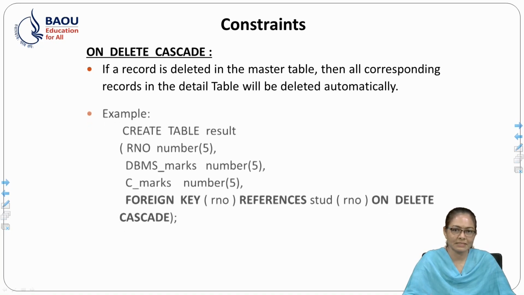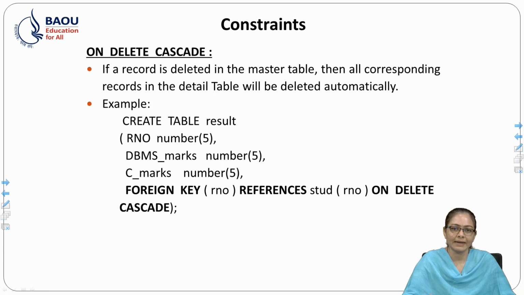Here we see in the example, create table result, in the bracket roll number size is 5, DBMS marks number size is 5, C marks number size is 5, then in the bracket foreign key roll number references student roll number, and last, it writes on delete cascade.